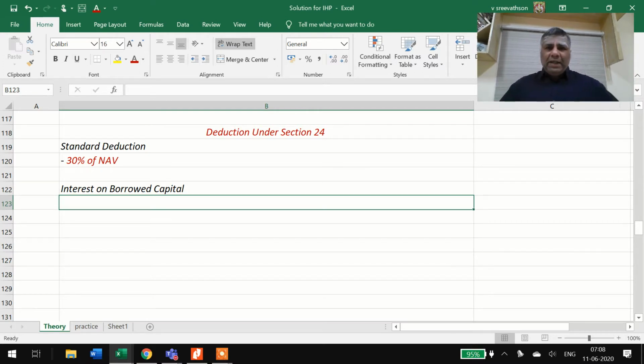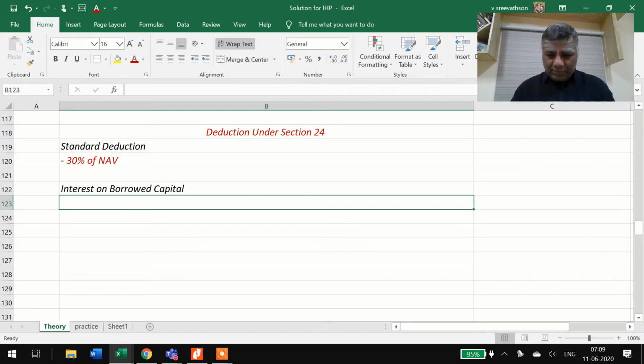Borrowed capital means, my dear friends, loan taken for the purpose of construction of the property. On that, the interest paid for construction or purchase will be allowed.